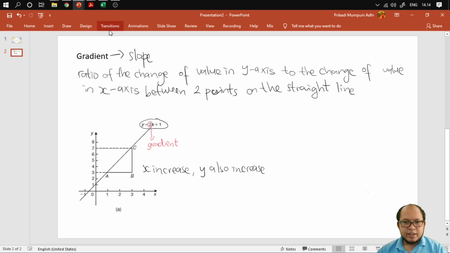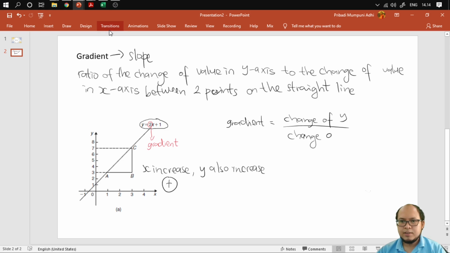Therefore, this kind of straight line has the positive gradient, and the gradient itself we can determine by using the formula of the ratio. So the change of y over the change of x.